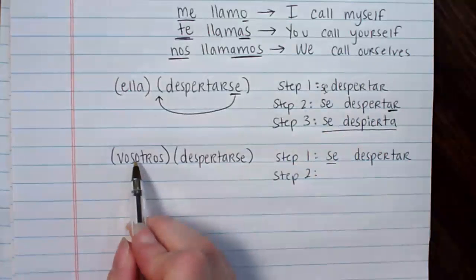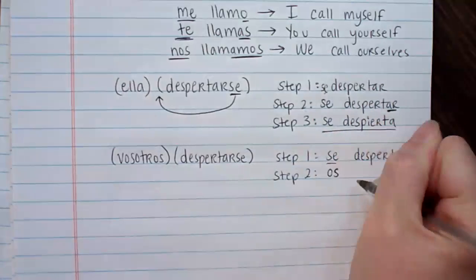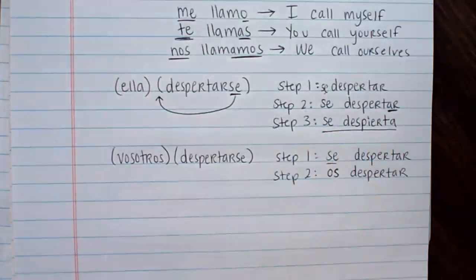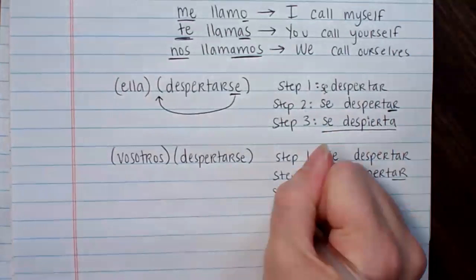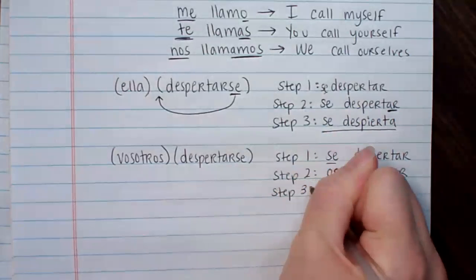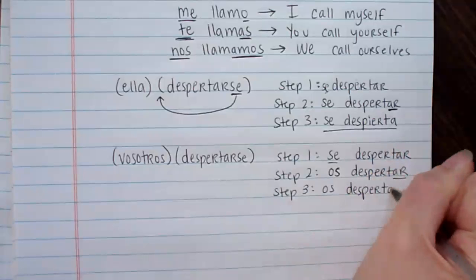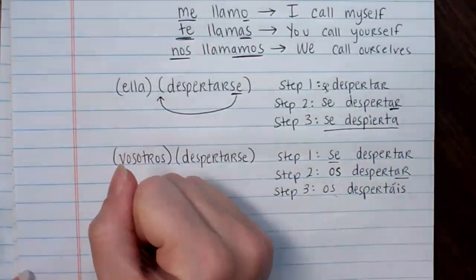So the reflexive pronoun that goes with vosotros is os. Os despertar. And then our third and final step is to conjugate the AR ending for our subject. So it'll be os despertáis. So this is you all get up. You all wake up.